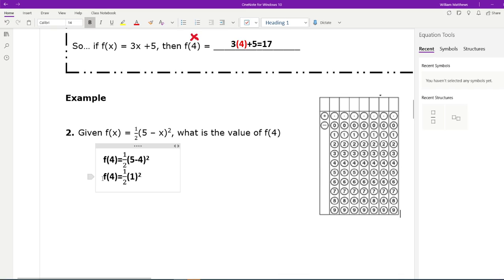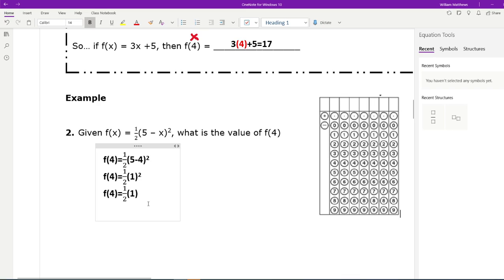If I clean this up, without the superscript still, one squared is just 1.